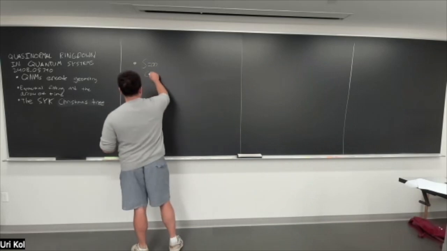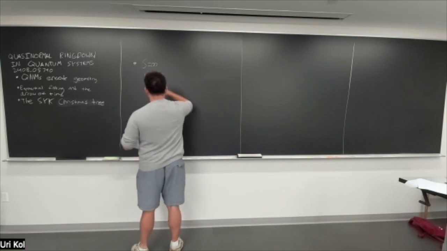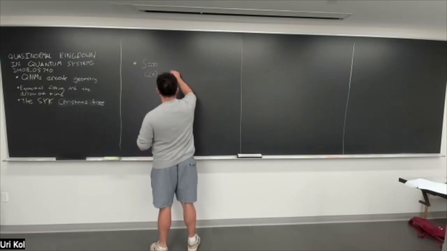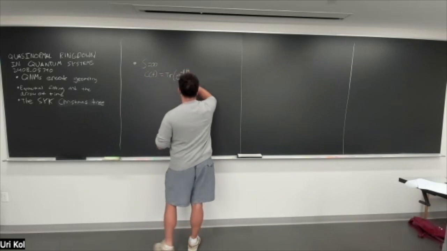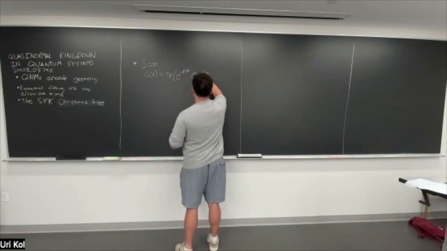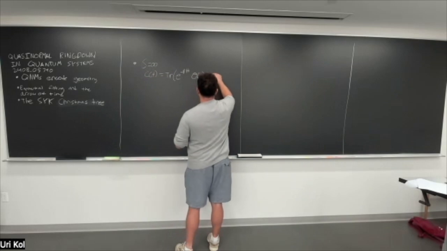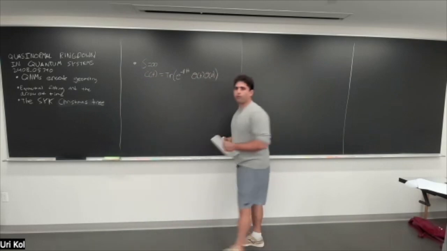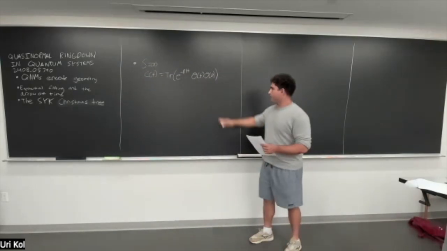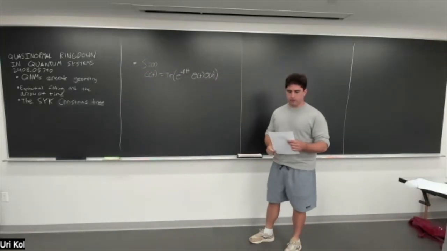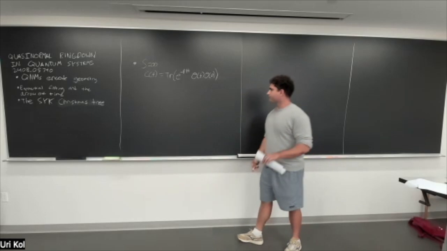And the quantity that I want to discuss is the correlation function at finite temperature, which is defined like this. So here, O is some operator in the theory. Beta is the inverse temperature, and this is how you compute the correlation function.